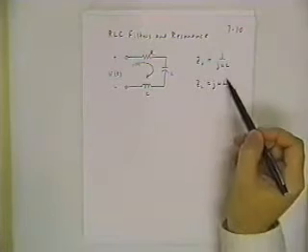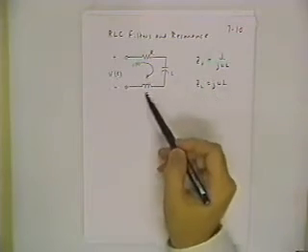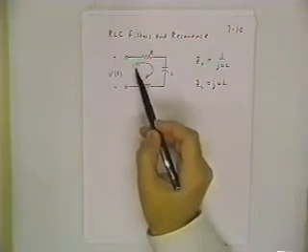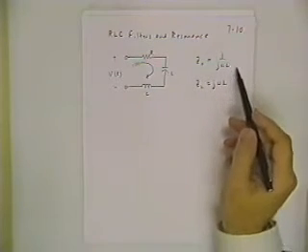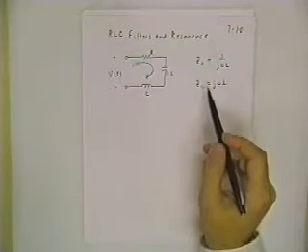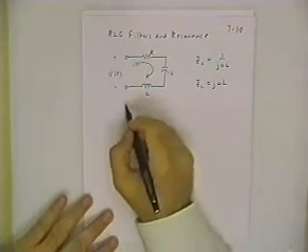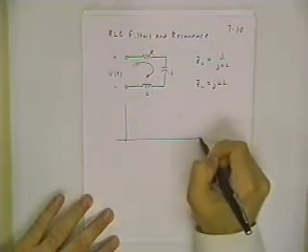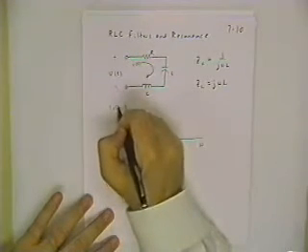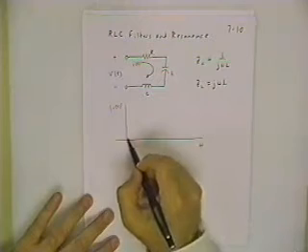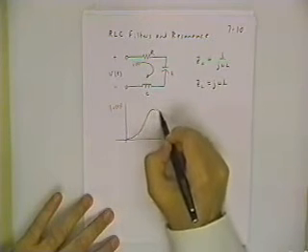If I have a very high frequency, the inductor is going to dominate. It's going to make the equivalent impedance here very large and the current's going to be very small. So there's got to be some intermediate frequency where the current is the maximum value it can have. And in fact, you can see that if you plot versus frequency, the magnitude of I of t as a function of frequency, it's going to look something like this.